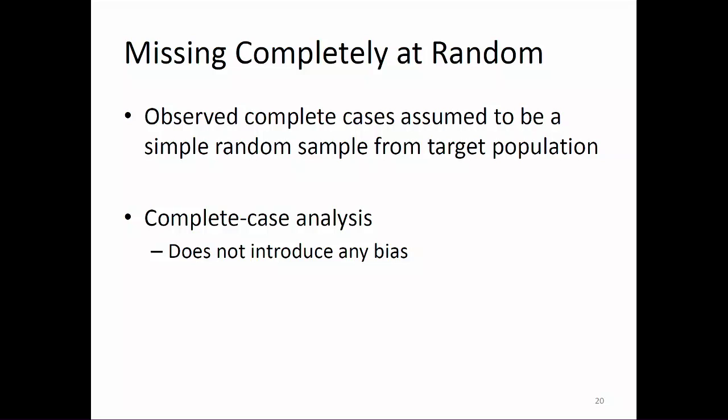So, missing completely at random. What is this missing data mechanism? Effectively, the reason for the value missing has nothing to do with the data or the value itself. It's like you go to any value in your data set and flip a coin with a certain probability. If the coin came up heads, it's missing. If the coin came up tails, it's not missing.